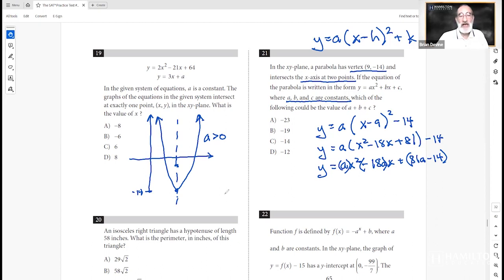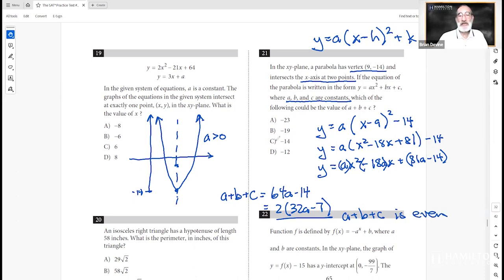So I know then that a plus b plus c has got to be 64a minus 14, which I can actually write as 2 times 32a minus 7, which shows me that a plus b plus c is even.